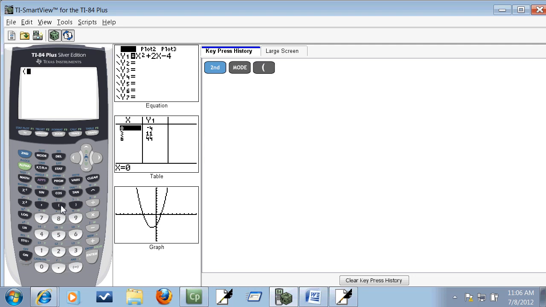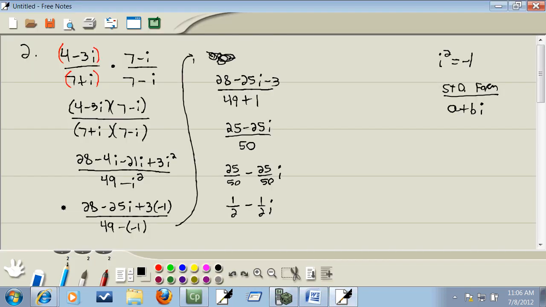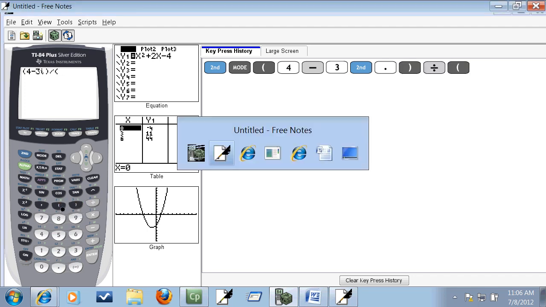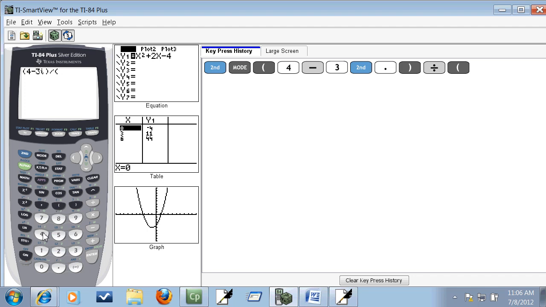Then I do beginning parentheses and 4 minus 3i. So 4 minus 3, and then second decimal is how you get the i. Close parentheses divided by beginning parentheses 7 plus i. 7 plus, and again, second decimal gives you the i. And then close parentheses and then enter.